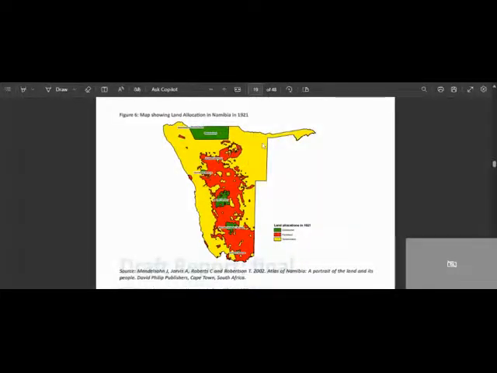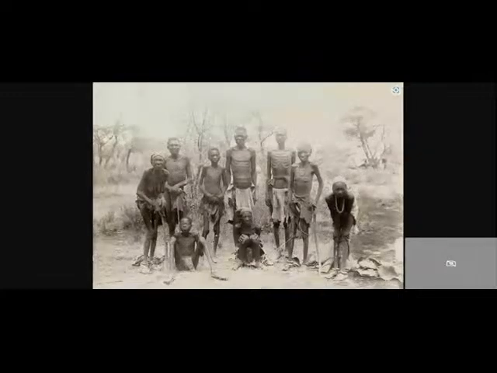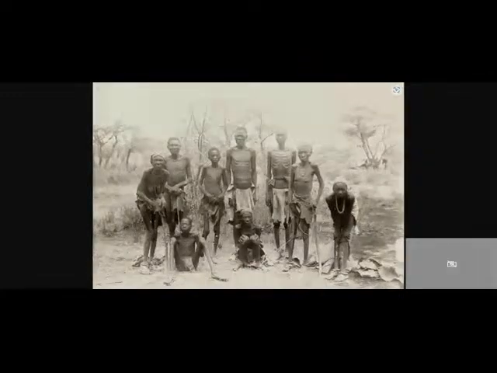But now we need to move on. Let me show you pictures of how these people used to look. This is your Hereros right here. The land is gone, the farmers are gone. As you can see, they are wearing animal skin.